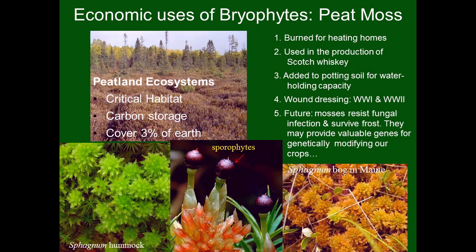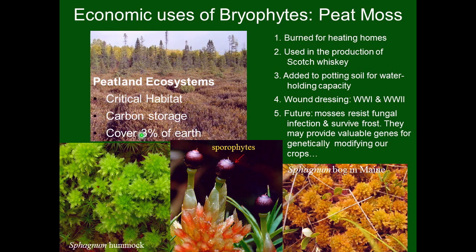Here are some examples. We have a sphagnum moss that's found in a bog in Maine. You can see some sporophytes there coming out of the gametophyte. In the bottom left, we see a sphagnum hummock, which is kind of like a lump of moss, a small hill of moss found throughout a peat bog. And then we can see a picture of that peatland ecosystem, so it's critical habitat.